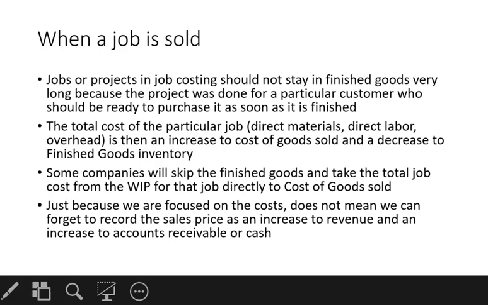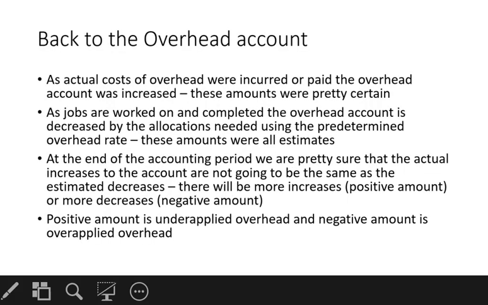We had a name because it was customized to that particular customer, and so when we were finished, it was just a matter of going in and signing all the paperwork, and it went right to cost of goods sold. Okay. Don't forget to record the sales price for what you actually charge the customer, and that increases accounts receivable or cash.